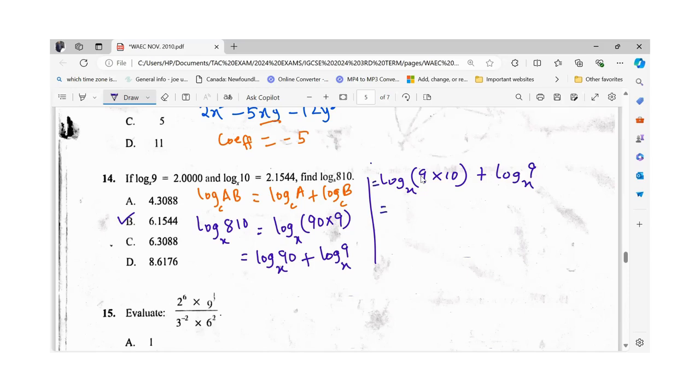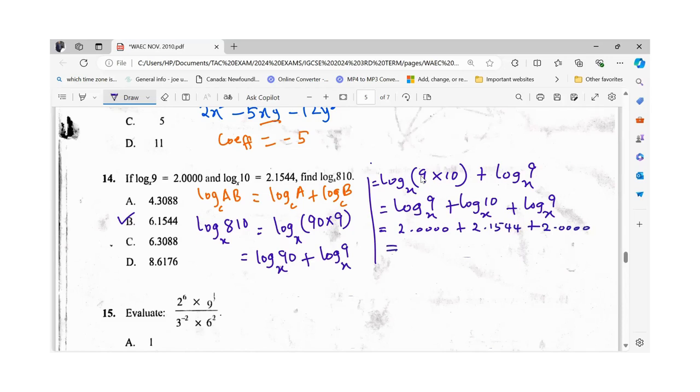This will give us log 9 base x plus log 10 base x plus log 9 base x. Then putting in what is log 9, we have 2.0000 plus log 10 is 2.1544 plus 2.0000.